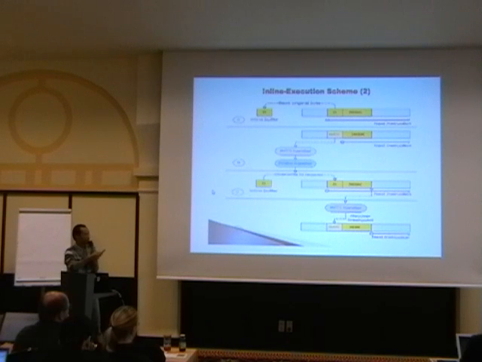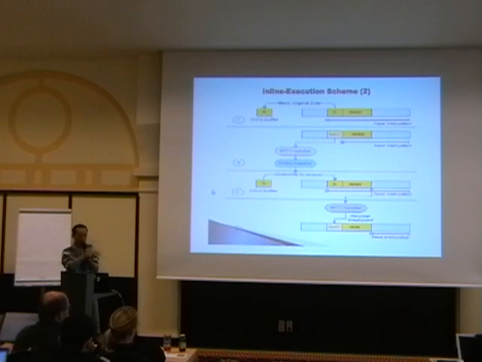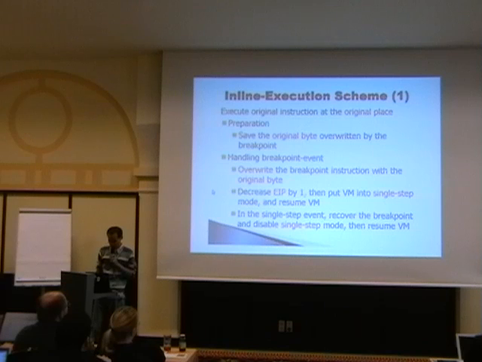So the inline scheme allows us to run the original instruction in the original place. And remember that we need single step mode in this step. Okay, that's how the inline scheme works.